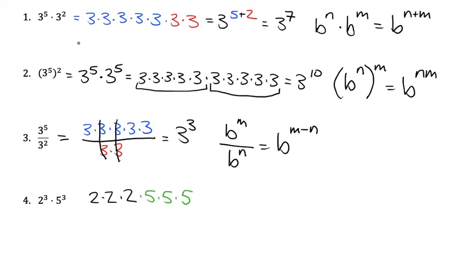So what I can do here is group, since I have the same number of 2's as I have of 5's, I can make pairs. So I can make 1 pair, I can make 2 pairs, and I can make 3 pairs. And each pair here is 2 times 5, which is 10. As long as I have the same exponent, it doesn't matter what that exponent is, I would be able to make pairs. So we have 2 times 5.